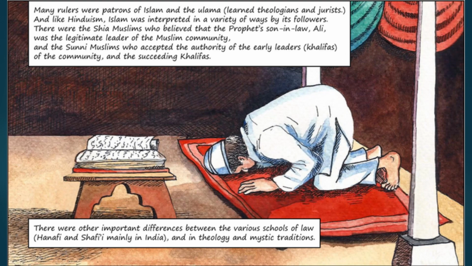Ulama, learned theologians and jurists. Unlike Hinduism, Islam was interpreted in a variety of ways by its followers. There were the Shia Muslims who believed that the Prophet's son-in-law Ali was the legitimate leader of the Muslim community, and the Sunni Muslims who accepted the authority of the early leaders, Khalifas, of the community and the succeeding Khalifas.